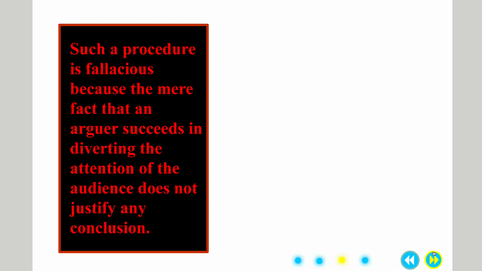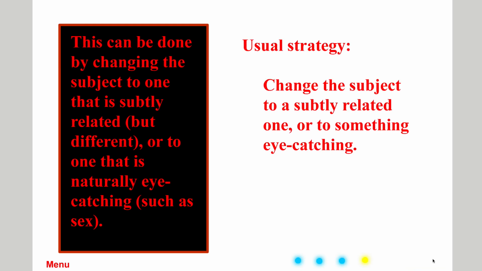Such a procedure is fallacious because the mere fact that an arguer succeeds in diverting the attention of the audience does not justify any conclusion. This can be done by changing the subject to one that is subtly related but different, or to one that is naturally eye-catching, such as sex. Right? So you're changing the subject subtly. That happens more often. You'll see that more often in the questions in the book.